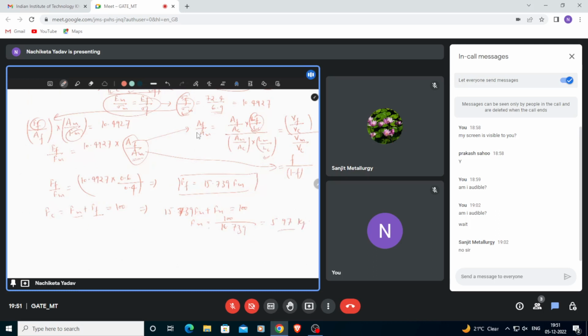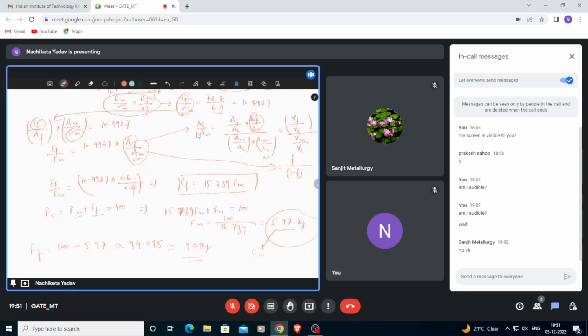So we know this FM means load carried by the matrix, and it is asking for load by fiber. So we just subtract 100 minus 5.97. It will come nearly 94.025, nearly 94 kg. Are you getting, Sanjit?